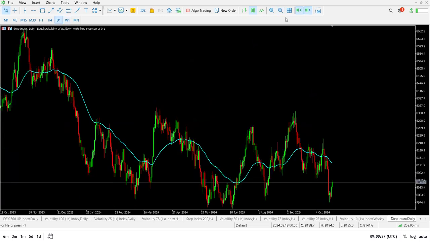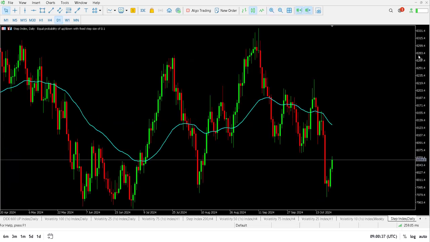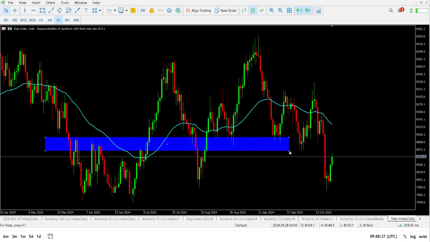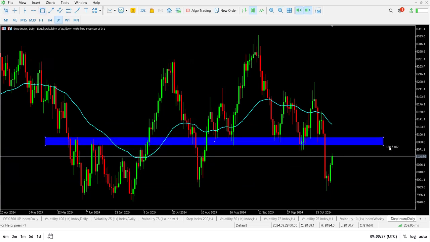On few occasions, I'd go over to the weekly time frame to see if I can establish an area of interest. So right here on the daily time frame, I'd go with the level right here as my preferred area of interest.